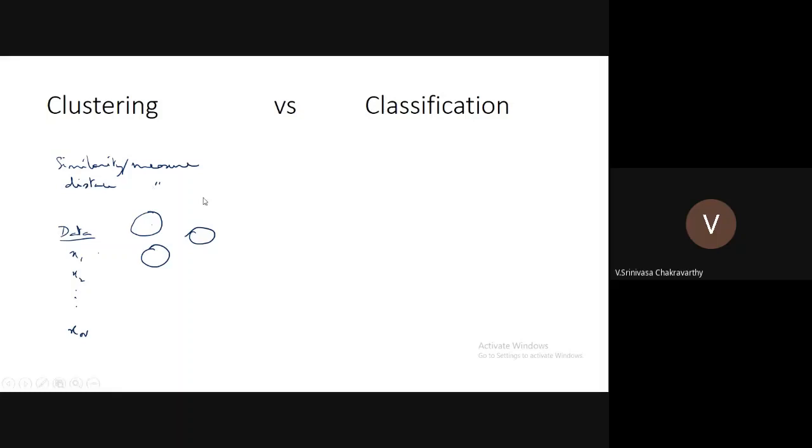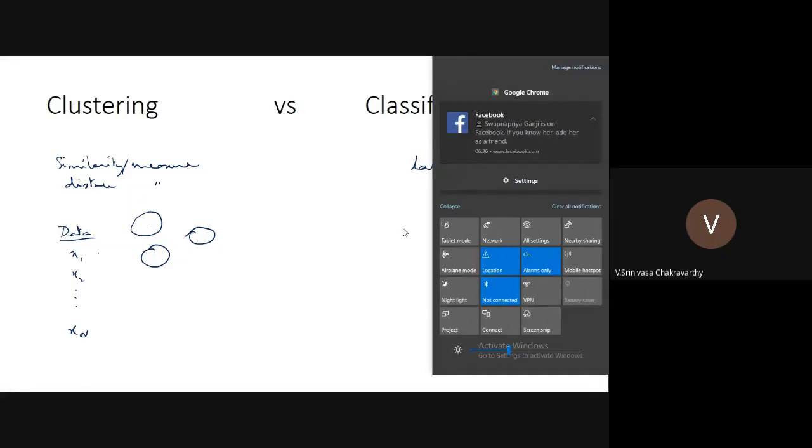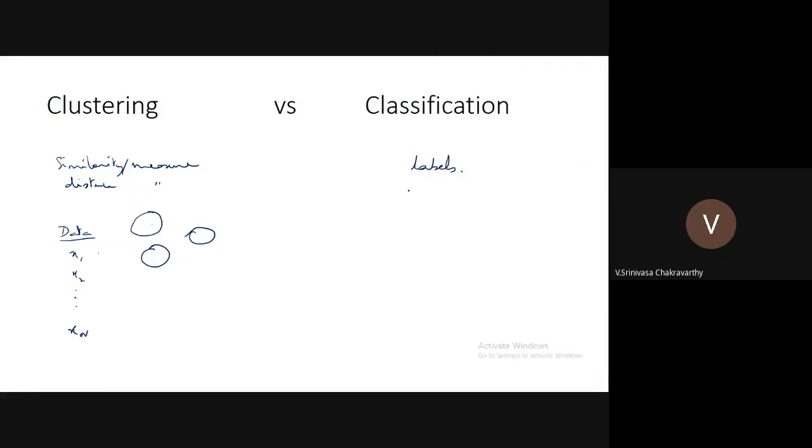Whereas in case of classification, this is where you have to supply the labels. What does that mean? For every data point X, I need to specify a class label. So when I give the data itself, X1 is C1, X2 is also C1, X5 is C2.